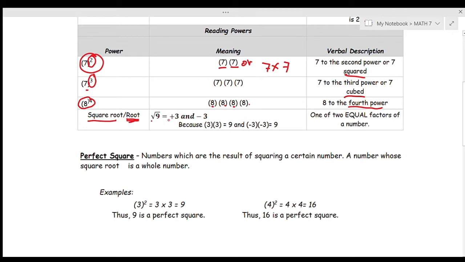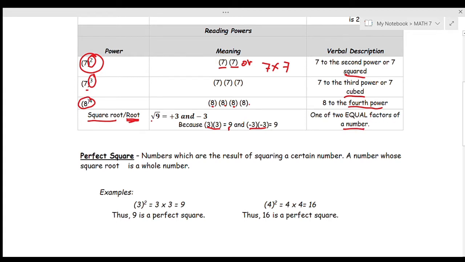We have root of positive 3 and negative 3, because if we multiply 3 by itself, we have the result of positive 9. And also if we multiply negative 3 by itself, we have equal to 9. So the square root of the number is one of 2 equal factors of a number.